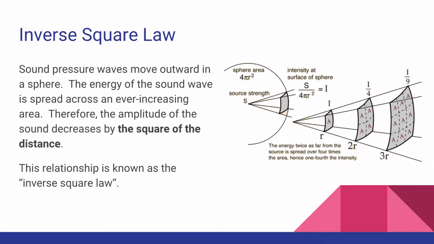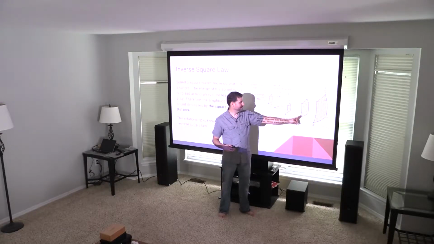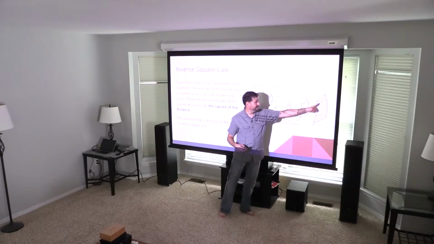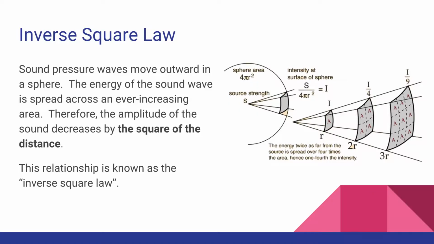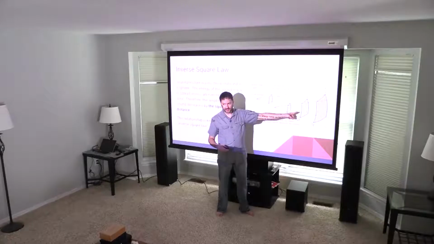But if you go twice that far, you actually have 4 times as much surface area. And if you go 3 times that far, you have 9 times as much surface area. So as your distance increases, the surface area is the square of the distance.